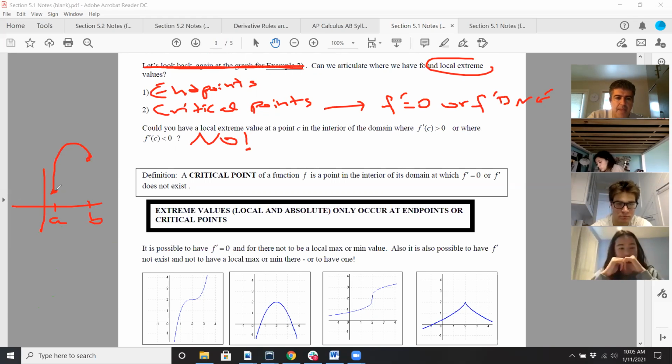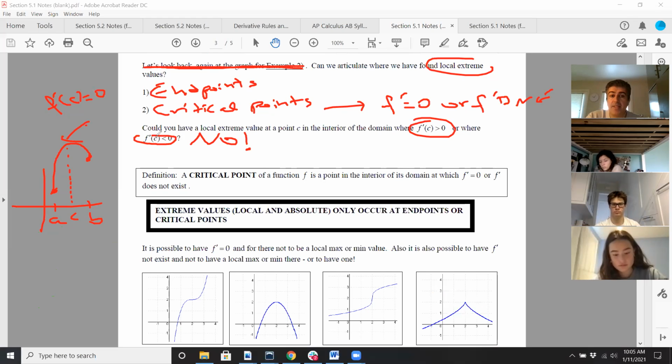In order for this to be an extreme value, you need the derivative at C to equal 0. Or you can make it a cusp, as we see over here. You might remember cusps from a while ago, or a sharp corner. But you cannot have the derivative be positive or negative at that value and expect it to be a local extreme value. Extreme values must happen at endpoints or where the derivative is 0 or does not exist.